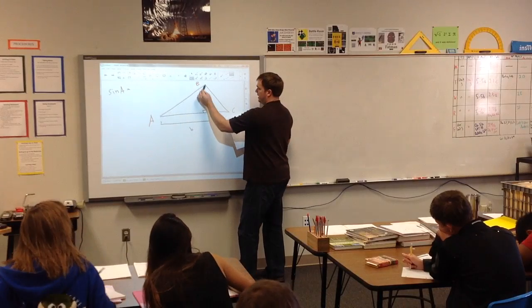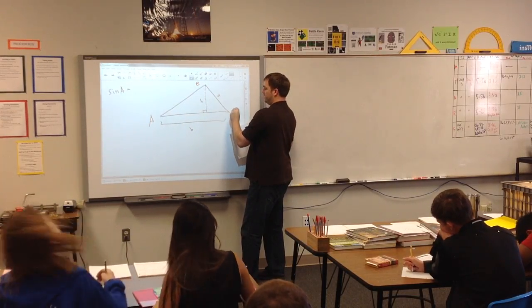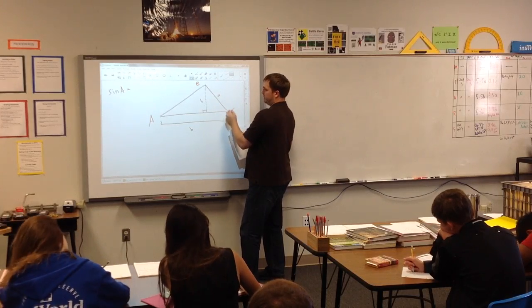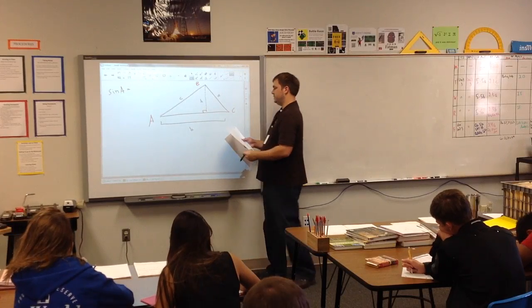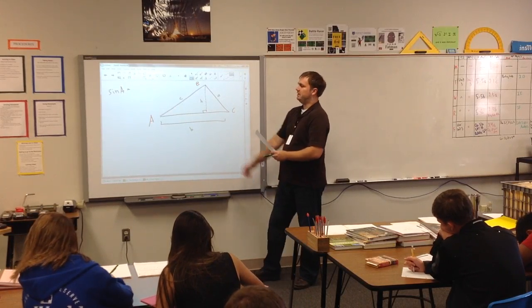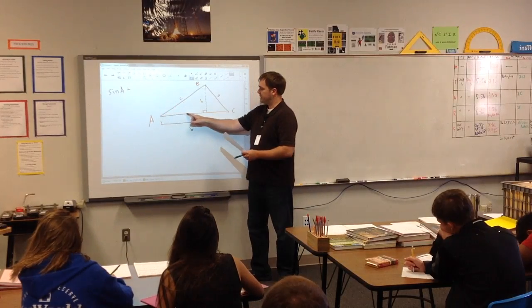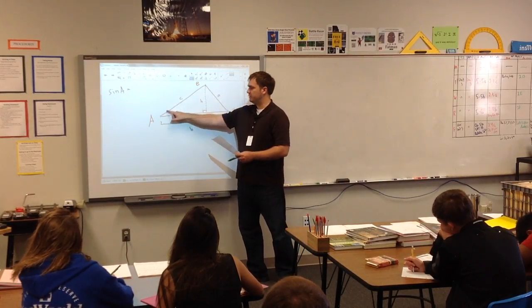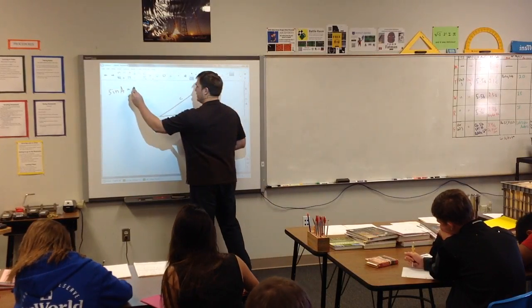Across from big A, this side over here, we're going to call this little a. And then across from angle C, this side over here, we're going to call that little c. That should help us out here. So now, what is the sine of angle A, just by looking at this right triangle here? Anybody? H over c. H over c.